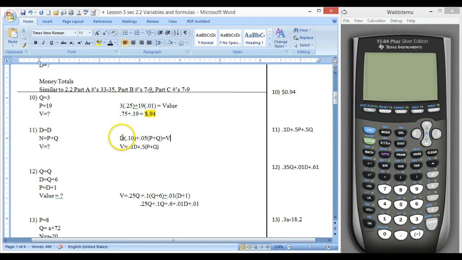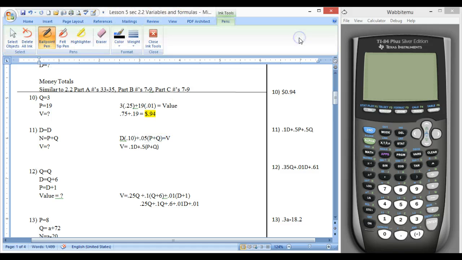0.1 times D is 0.1D. Over here, however, I'm going to use the distributive property. The distributive property says, since I can't add P and Q within the parentheses, and the order of operations tells me, please excuse my dear Aunt Sally, I must do parentheses first. But I can't add P and Q because I don't know what they are.